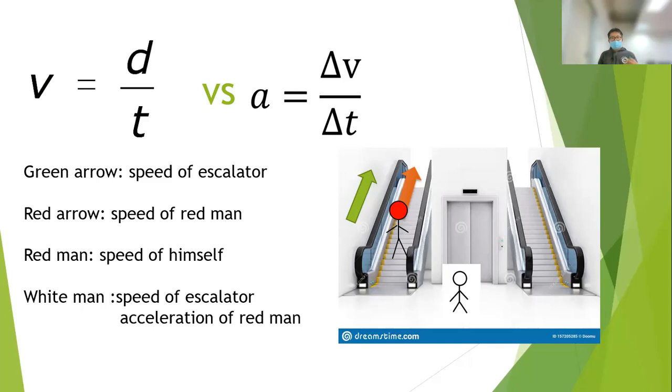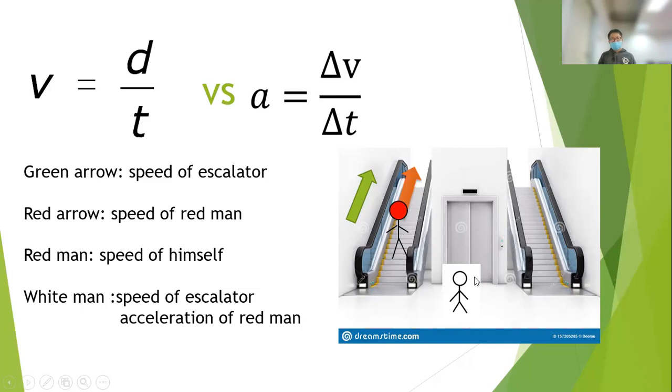So the red man can't realize he has a speed going up unless the surroundings change. For example, he is going up in the direction of this red arrow. So we can see there is a speed on him. He thinks that he doesn't have acceleration. He only has the speed on himself going up.